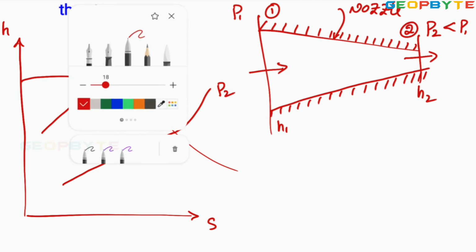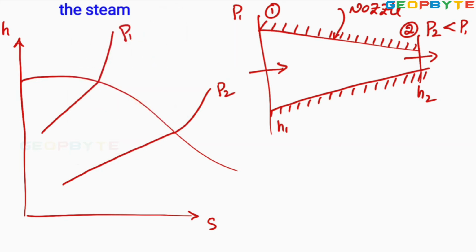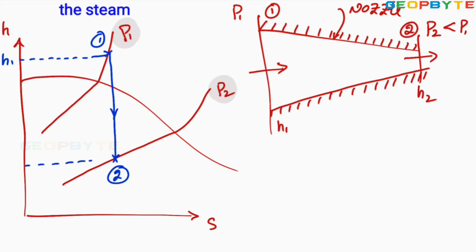If the steam is expanding reversible adiabatically, this may be the initial state. Reversible adiabatic process is maintaining constant entropy, therefore it is also called isentropic process. During this isentropic expansion of the steam, by the time the pressure of the steam is dropping from P1 to P2, enthalpy of the steam is dropping from H1 to H2. That means enthalpy drop dH equals H1 minus H2 without friction.